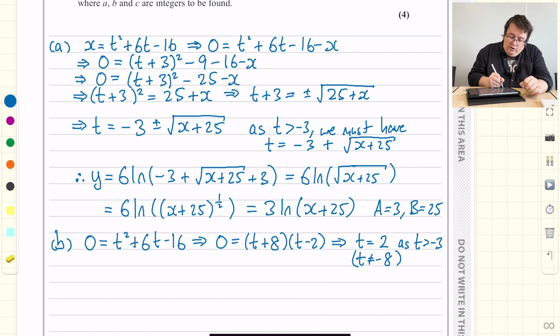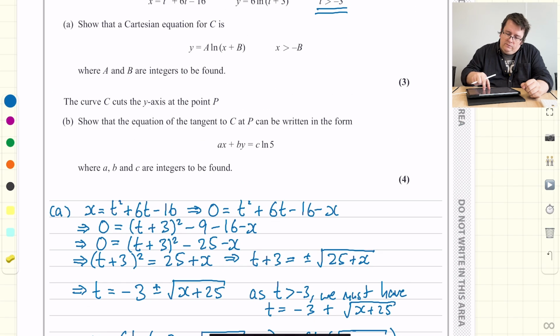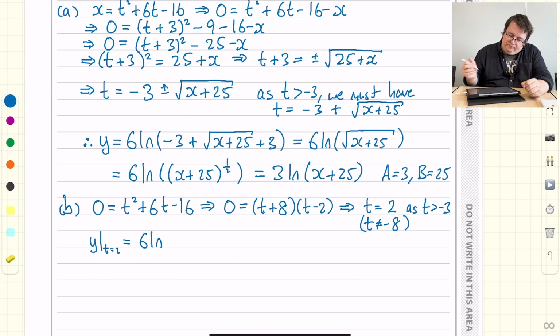So then I could work out the y value when t is equal to 2. So that was 6 times the natural log of t plus 3. So 2 plus 3. So that's 6 log 5.